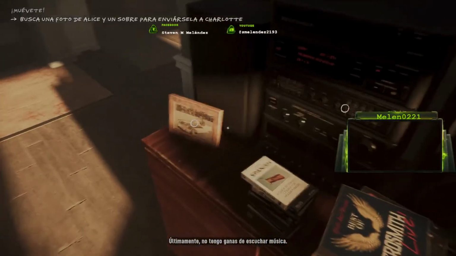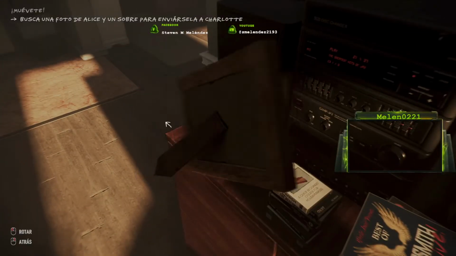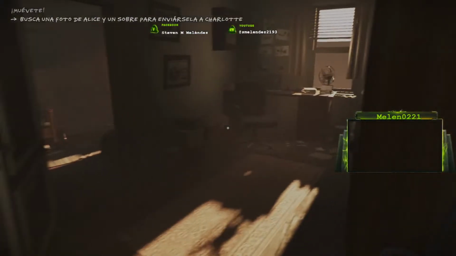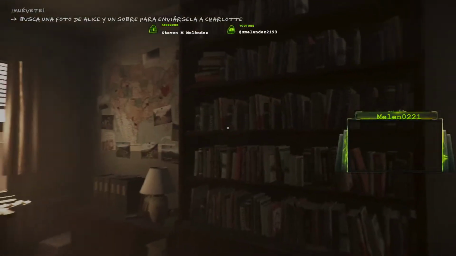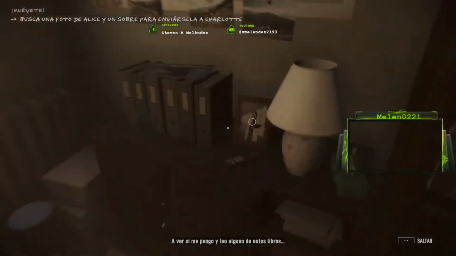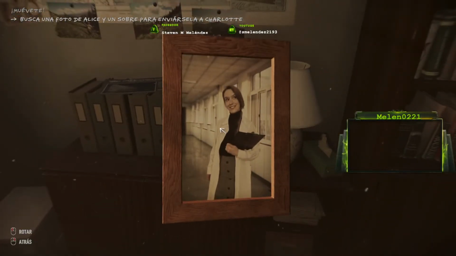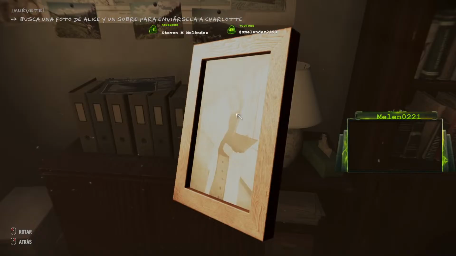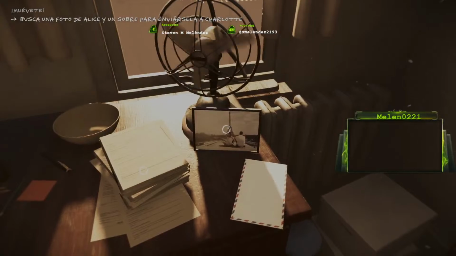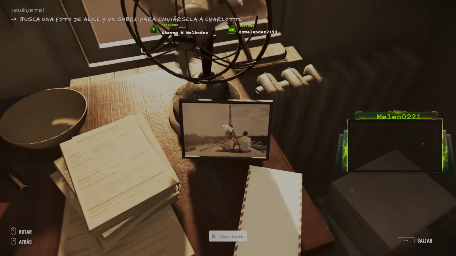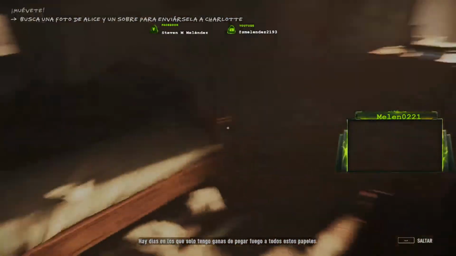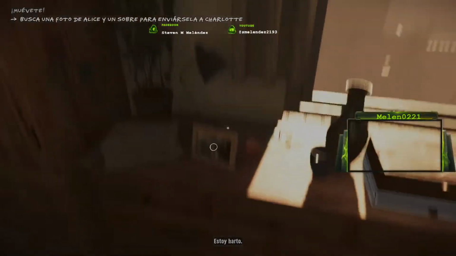I'm not in the mood for music lately. An indispensable element of every office. I should really try and read a few. Some days, I just feel like setting fire to all this paperwork. I'm fed up with it.